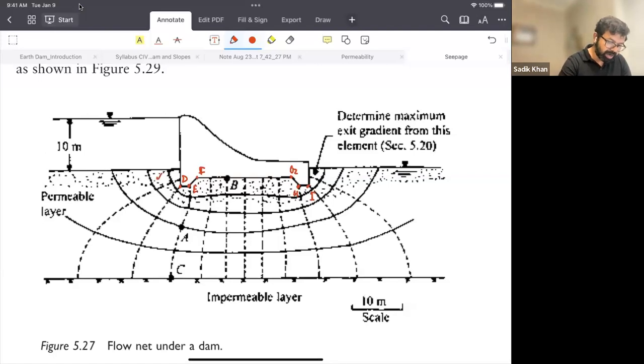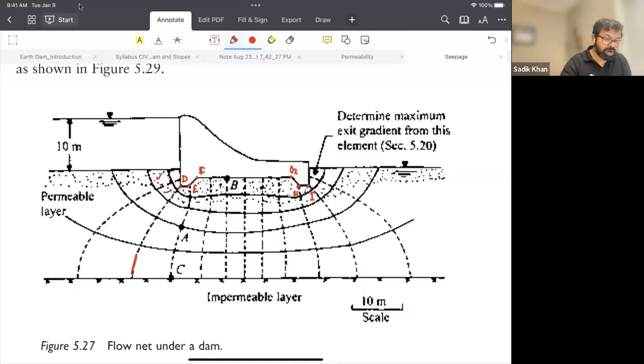How many drops? 2 drops. And what is the head loss in each drop? What is the head loss in each flow net along this line? This is our line number 2, and the number of drops is 2.